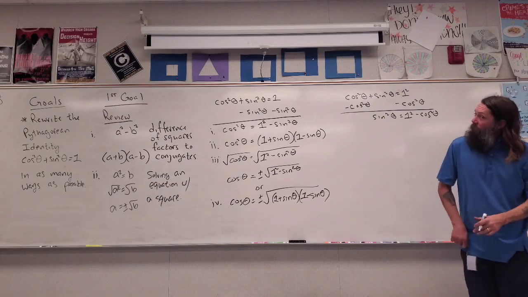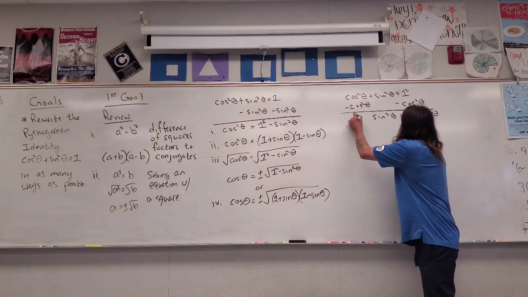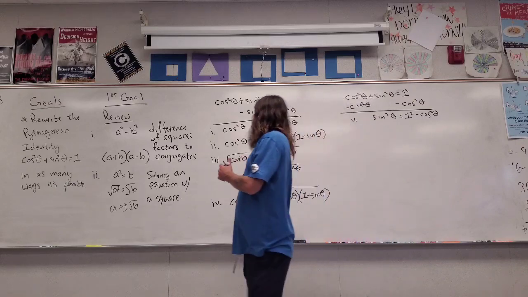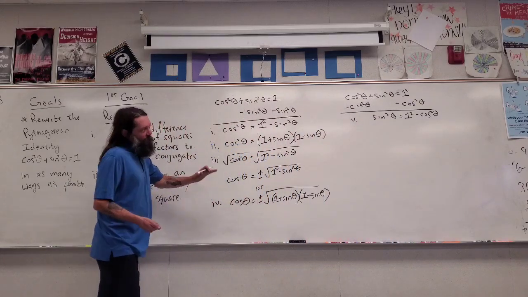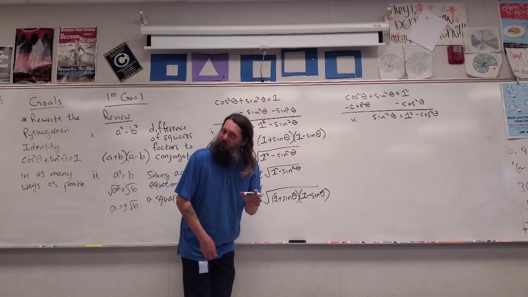This would be the fifth way that I could rewrite my Pythagorean identity, and I can then do these concepts as well, which will be part of your homework assignment.